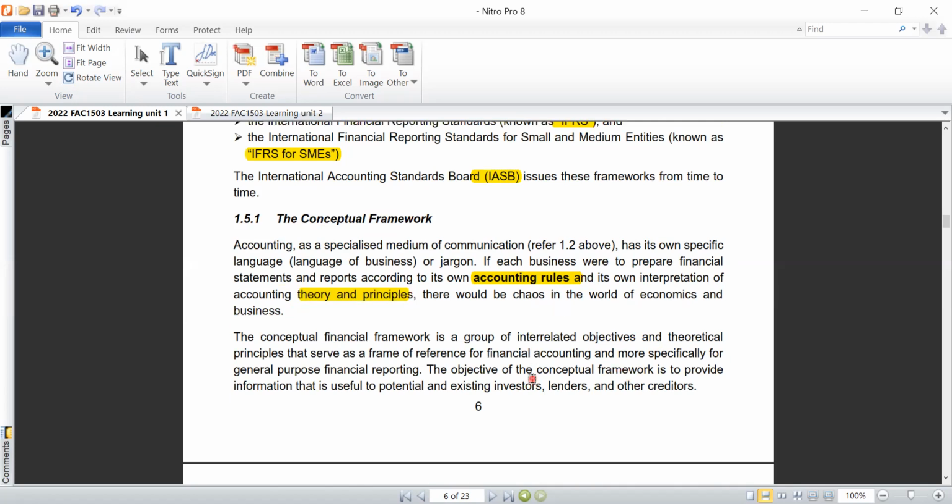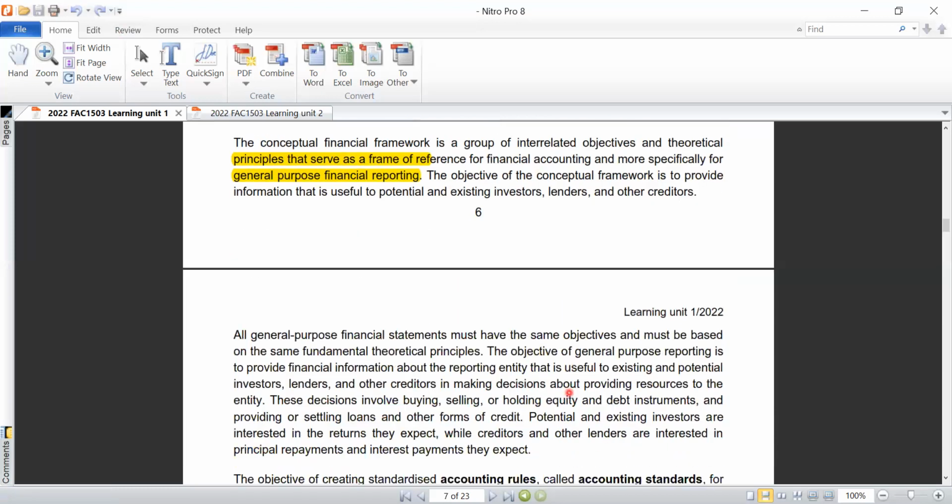What you need to draw from the conceptual framework is that it's a group of interrelated objectives and theoretical principles that serve as a frame of reference for financial accounting, and more specifically for general purpose financial reporting. Anyways, from there are certain principles that you'll see, which I'm going to talk about shortly.